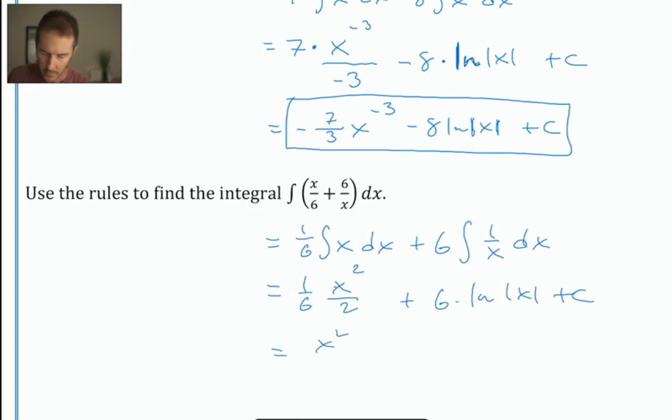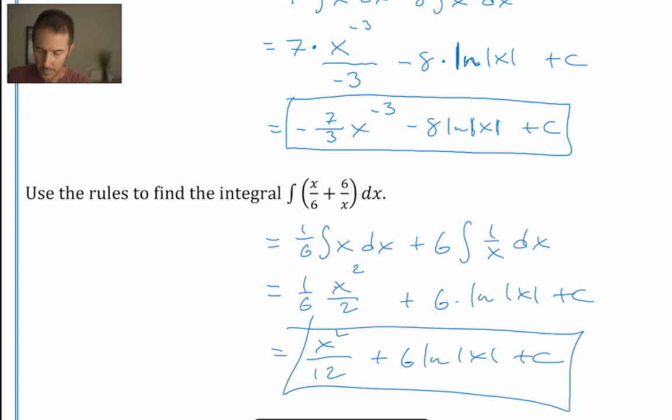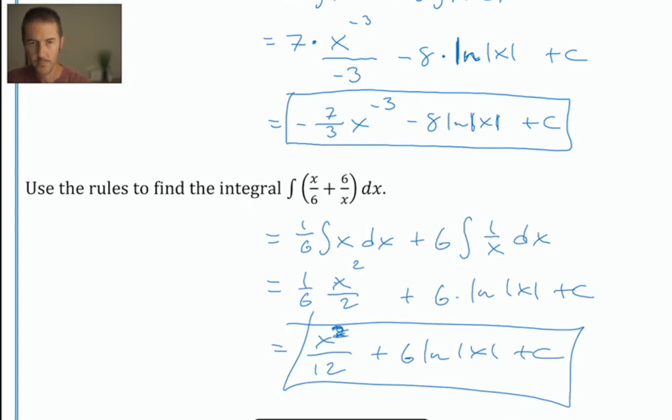Let's write this one as x squared over 12 plus 6 natural log absolute value of x plus c. There's another solution for you in case you want to attempt that one on your own.